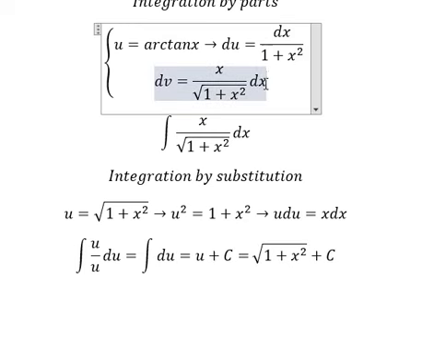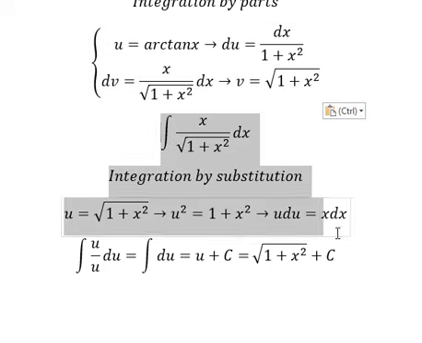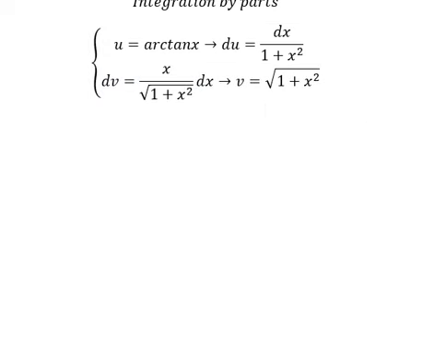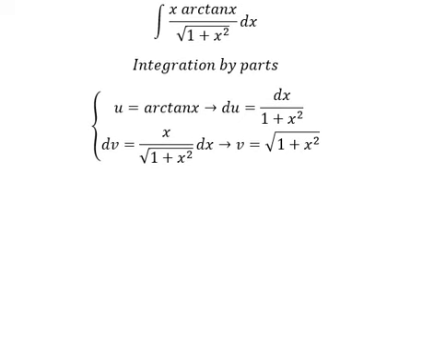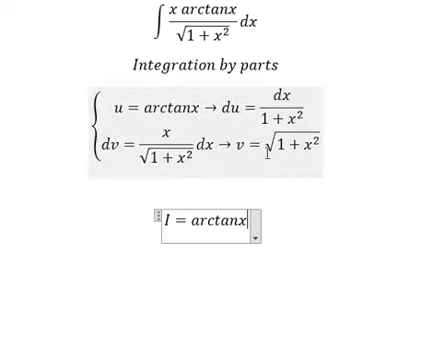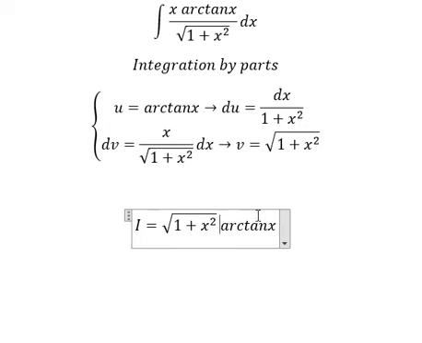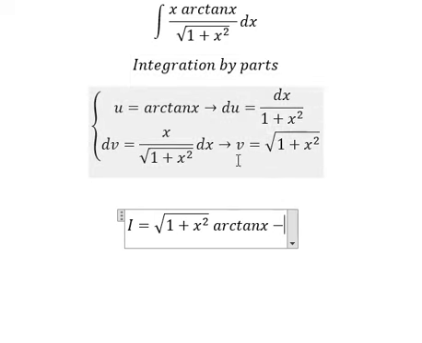So this one, we have v equals the square root of 1 plus x squared. Now we have u multiplied by v, minus the integral of v multiplied by du.